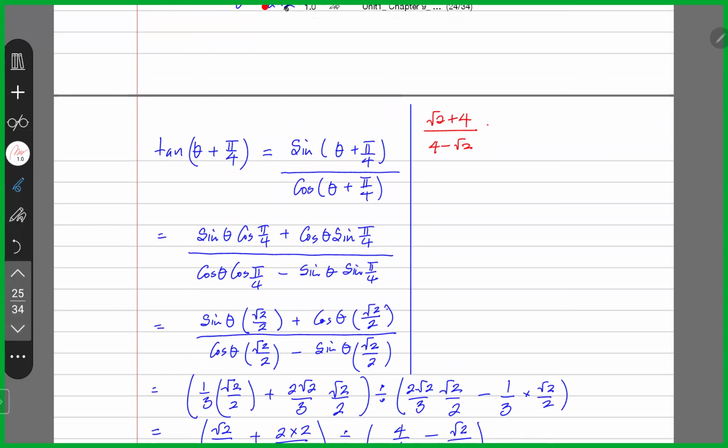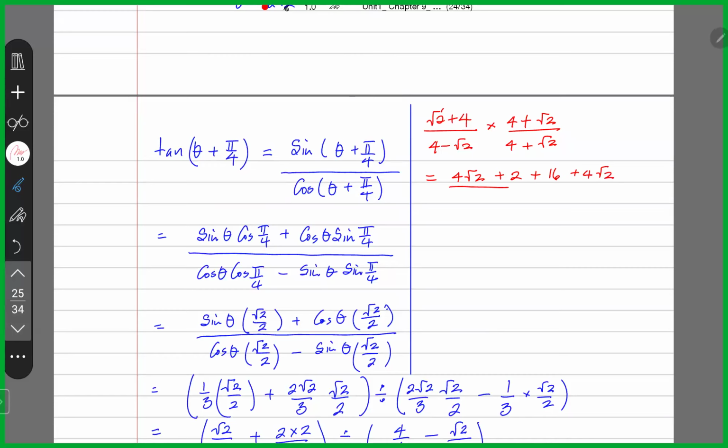Next, I'm going to rationalize by multiplying the numerator and the denominator by the conjugate of the denominator, which is 4 plus root 2. Up top, I'm going to get root 2 times root 2 is 2, plus 4 times 4 is 16, plus 4 times root 2 is 4 root 2, and another 4 root 2.